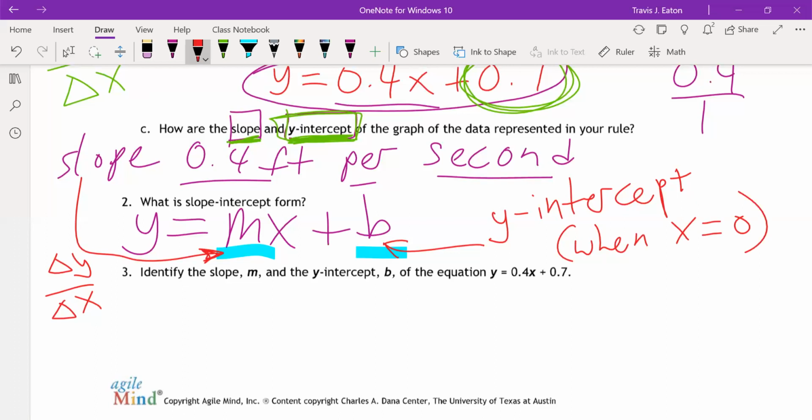And that's a really important thing to remember. It's when x equals 0, that's the y-intercept. So when that line crosses the y-axis, x is 0. How much is y?